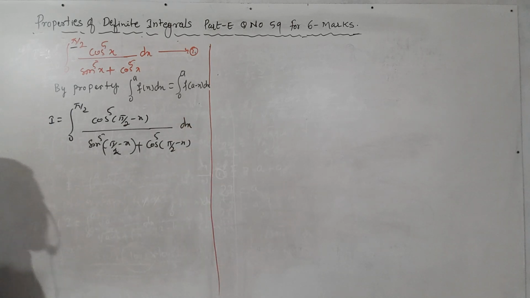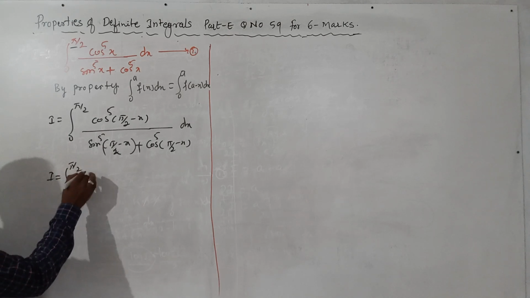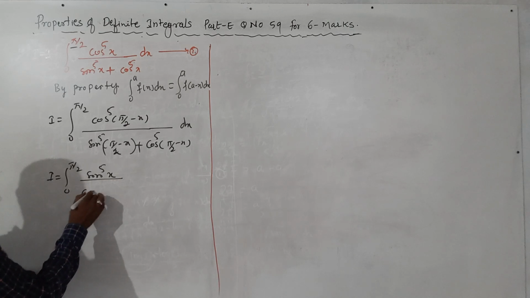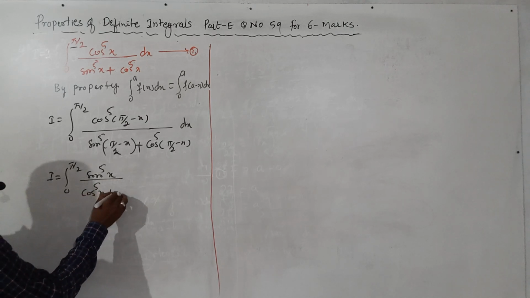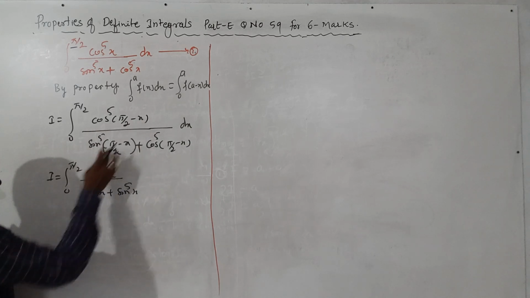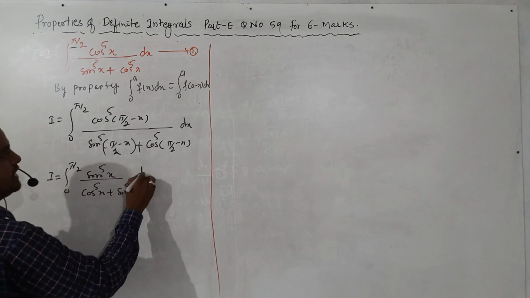Now by the complementary angles of trigonometric functions, cos of 90 minus x is sin x, and sin of 90 minus x is cos x. So I is equal to 0 to pi by 2 sin raised to 5x divided by cos raised to 5x plus sin raised to 5x dx.